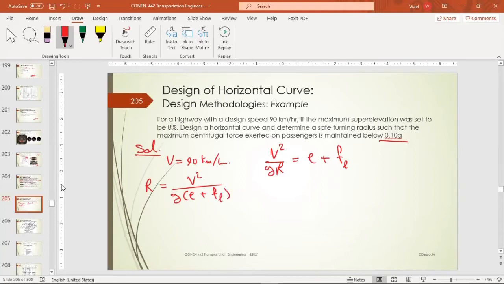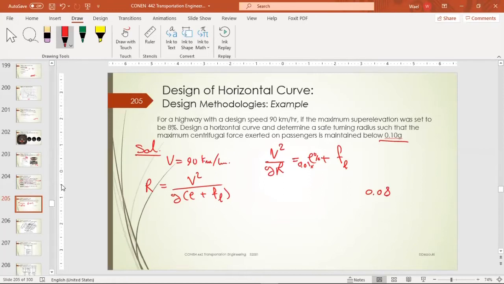Yes, Doctor. E is 0.08. I'm going to put it here as a fraction, not as a percentage. When I put it this way, that means E is 0.08.